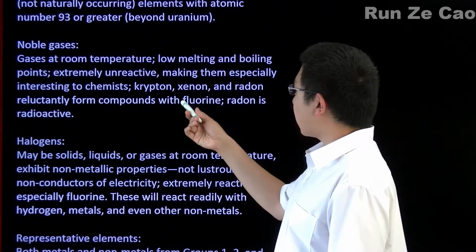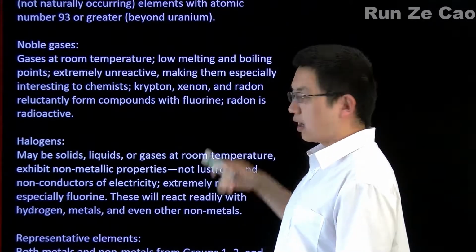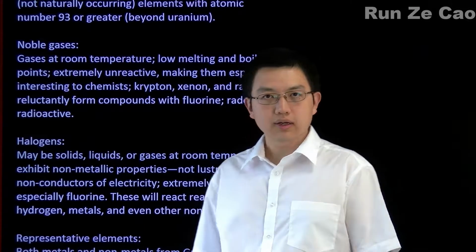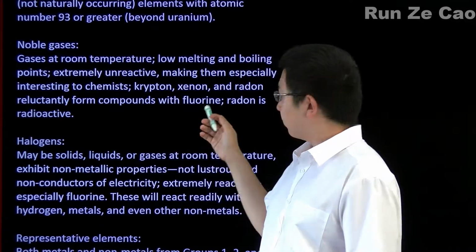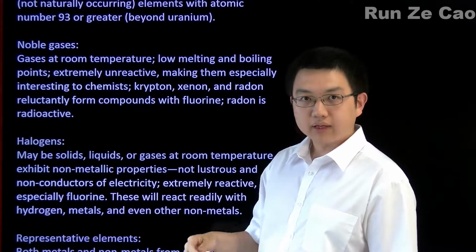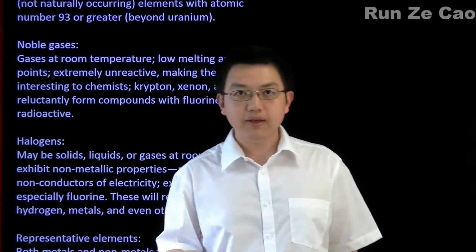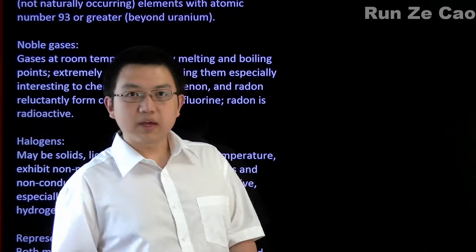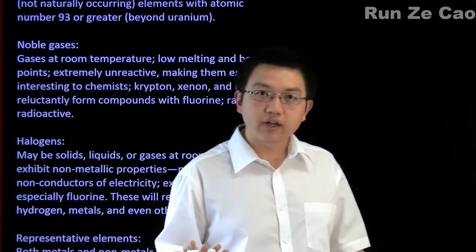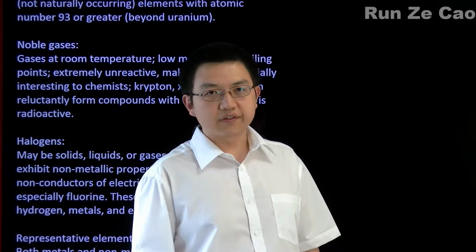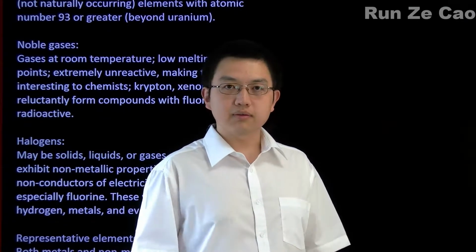Now they're extremely unreactive, so krypton, xenon, and radon, i.e. after the helium, neon, and argon 3, these will reluctantly form compounds with fluorine. Radon is radioactive, and it is recommended that you not live in the basement due to radon, because one of the more common sources of radon in homes is from groundwater or other natural incursions of gas through cracks in the basement.